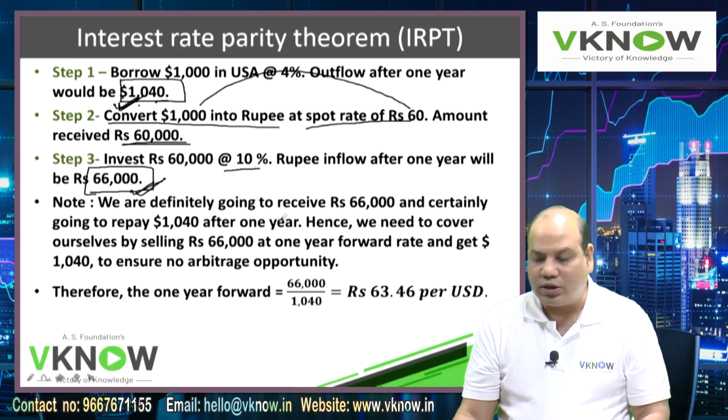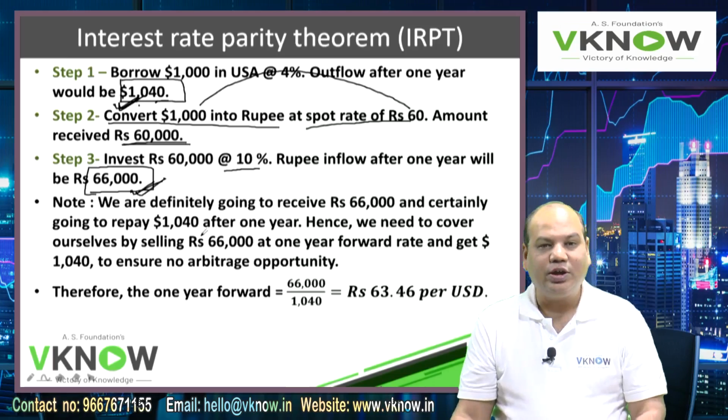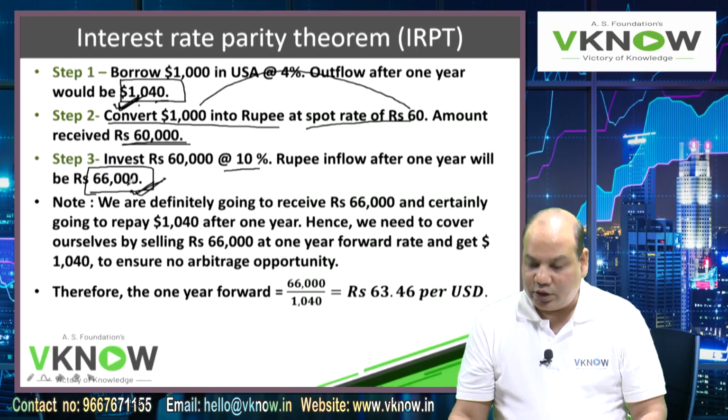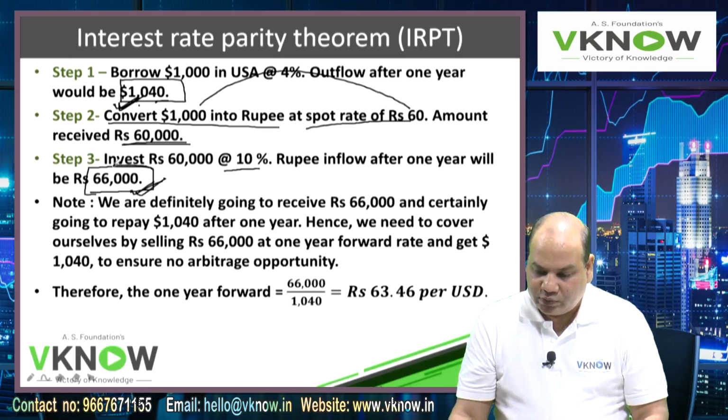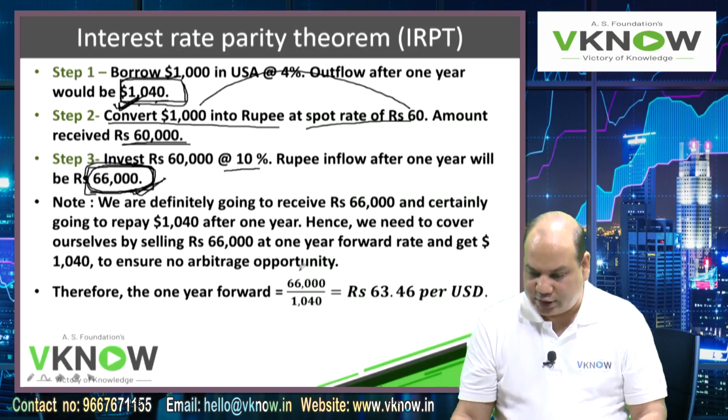You are certainly going to receive rupees 66,000 in India and you have to certainly pay $1040 after 1 year in USA. That means after 1 year, when I convert this 66,000 rupees into US dollars, I must get 1040 so that there is no arbitrage opportunity.